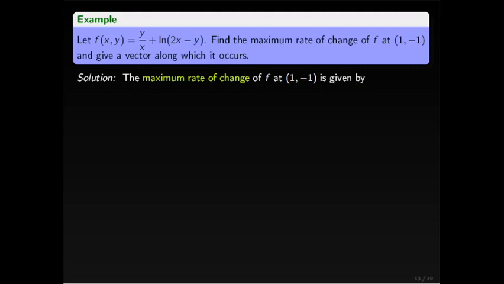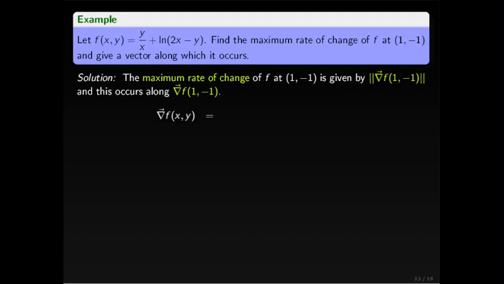So by the previous discussion, the maximum rate of change of f at the point (1, -1) is just the magnitude of the gradient of f at (1, -1). And this occurs along the direction of the gradient itself at (1, -1).